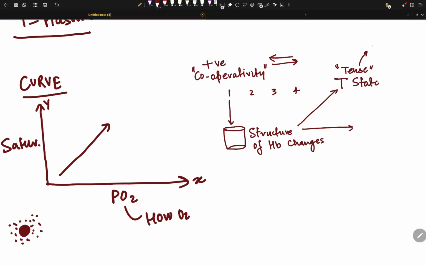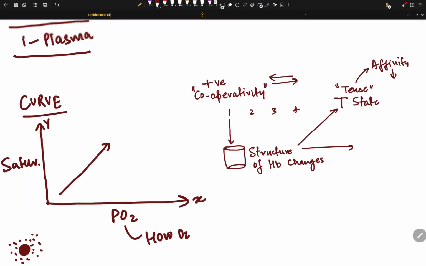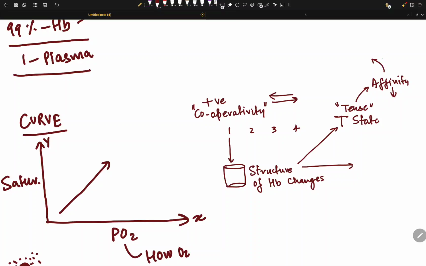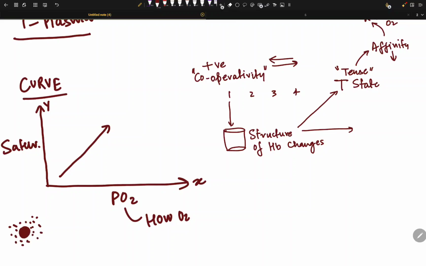So affinity for oxygen is low here. It doesn't want oxygen much. It's really easy to release the oxygen here. Release O2 easily. And the other structural state is the R state. What is the R state?